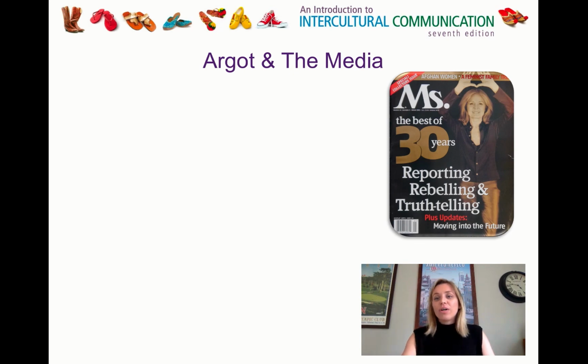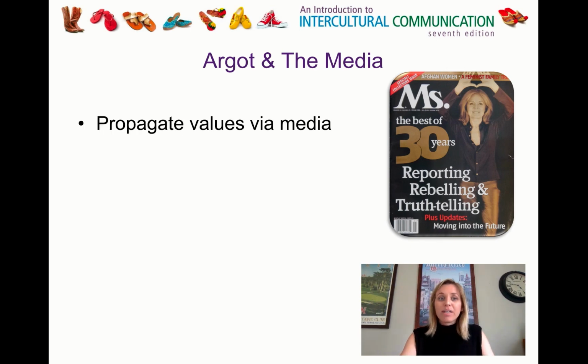Okay, so this language and group identity can be spread through things like the media. Groups use the media and social media platforms, magazines, and any sort of social media like Instagram, for example, to spread or propagate their values. For example, maybe you really identify with being a feminist, and so you would read Ms. Magazine, which reports on gender issues.